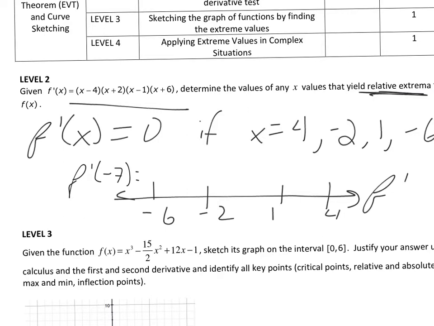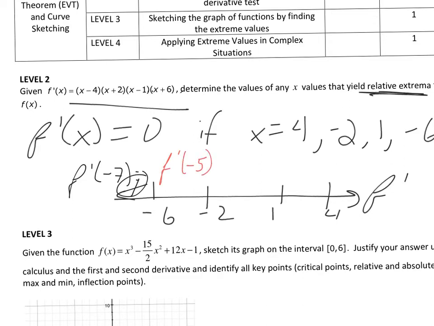At -7 I get -11 times -5 times -8 times -1. So a negative times a negative times a negative times a negative will ultimately give me a positive region. Then I'll look at another value in the next interval, f prime of, let's say, -5.